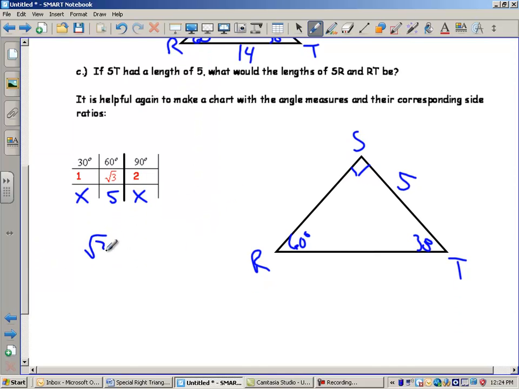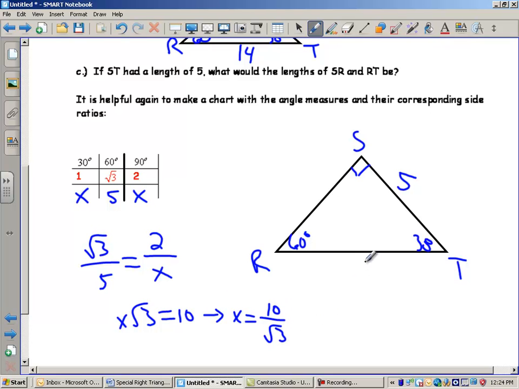So I'll do the square root of 3 over 5 is equal to, let's find the hypotenuse first, 2 over x. And then we're going to cross multiply, so x square root of 3 is equal to 10. Divide both sides by the square root of 3, and we're going to get that x, the side across from the 90, is 10 divided by the square root of 3.